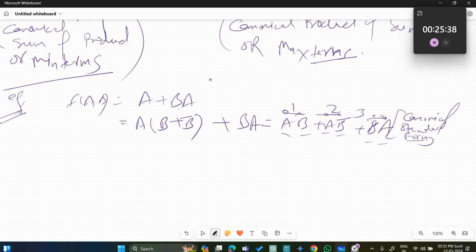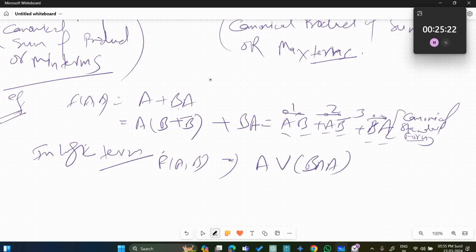So in logic terms, you can represent it as f(A, B), let's say f(A union B and A), alright? And this will go like A and B, or A and B bar, or, well, B and A B are same, so this would be AB plus AB bar.